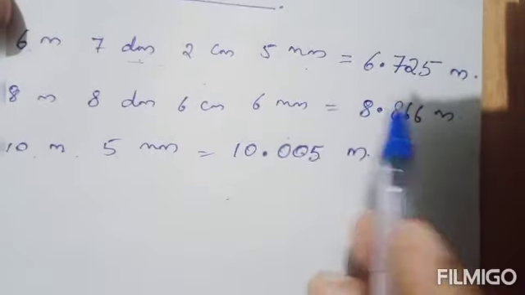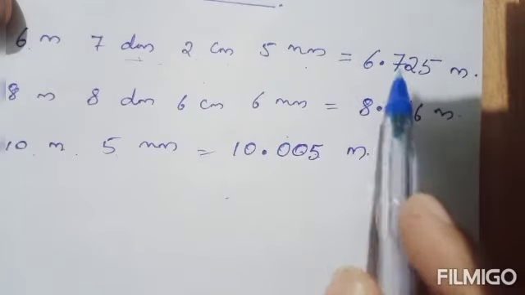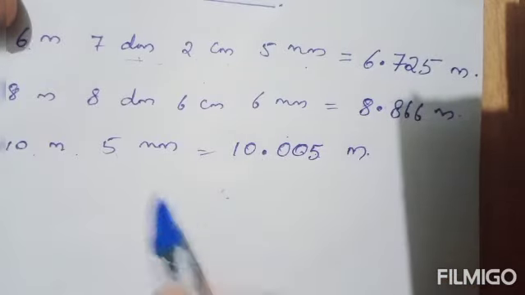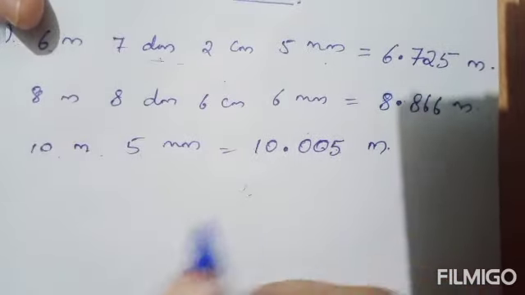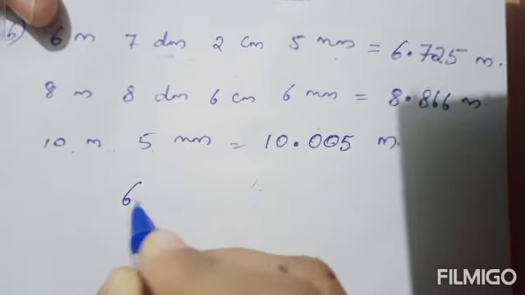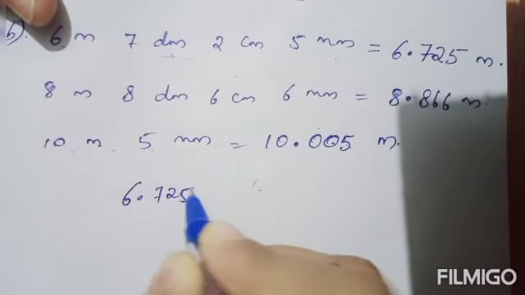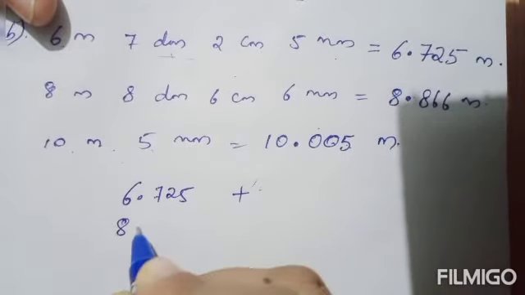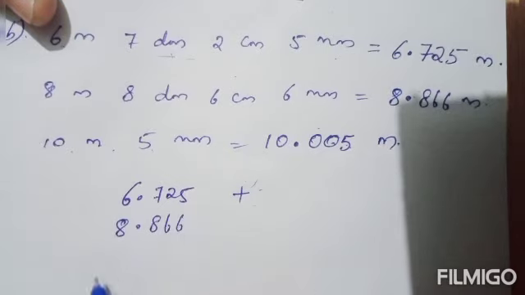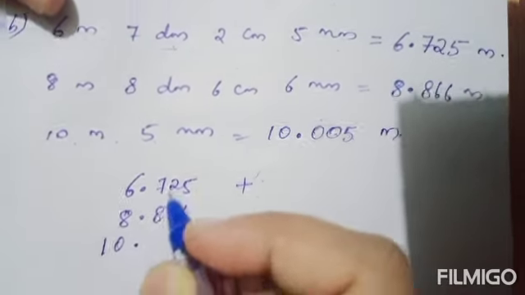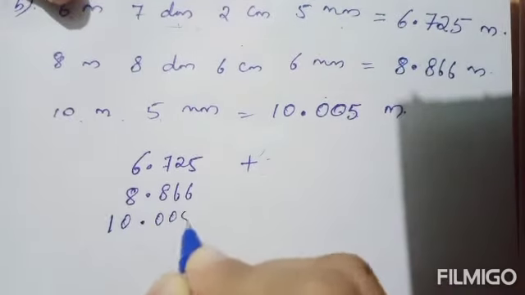Okay. So we wrote all the given questions in decimal notation. Now you can add these 3. Okay. 6.725 plus 8.866 plus 10.005.